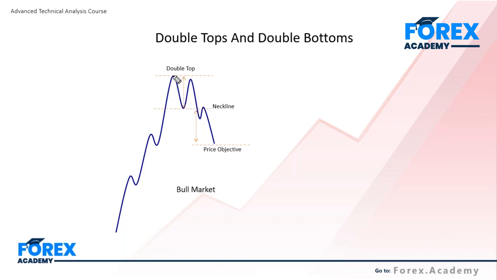So in exactly the same way as we saw with the head and shoulders reversal pattern, we can then also calculate a price objective based on that pattern, which would then facilitate the risk management aspect of our trading decision, and also highlight the risk reward potential on any trade that we may be looking to take on board.